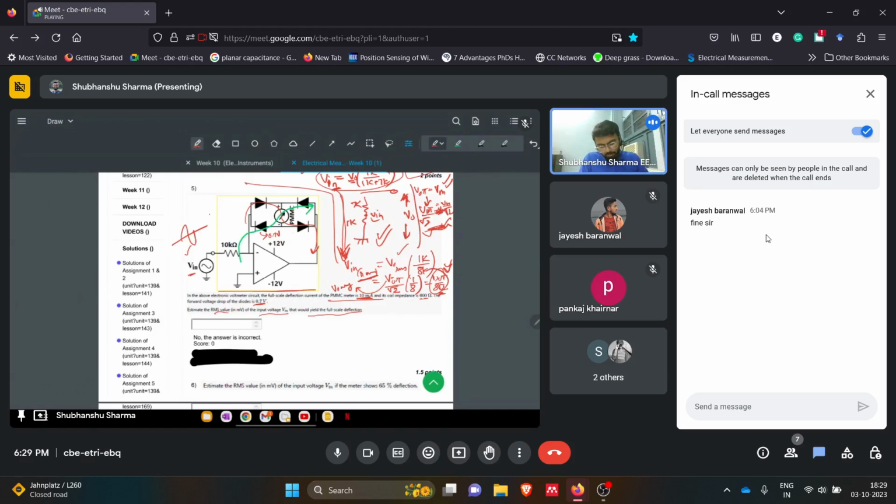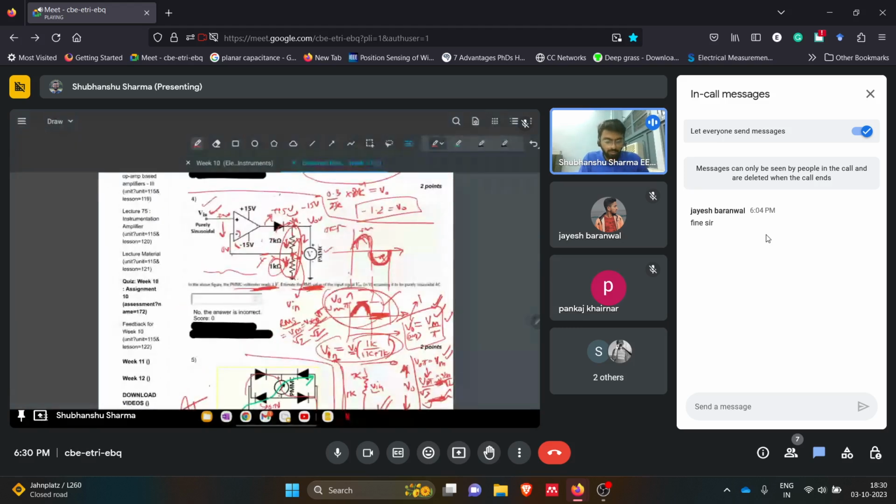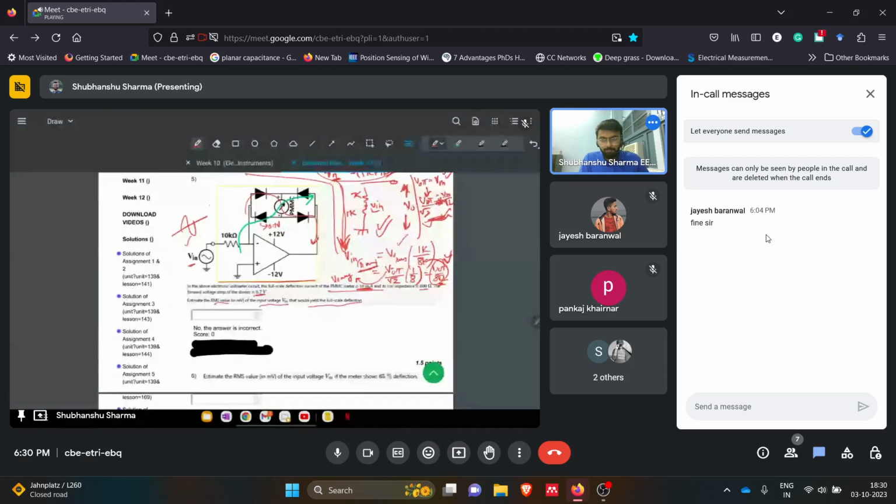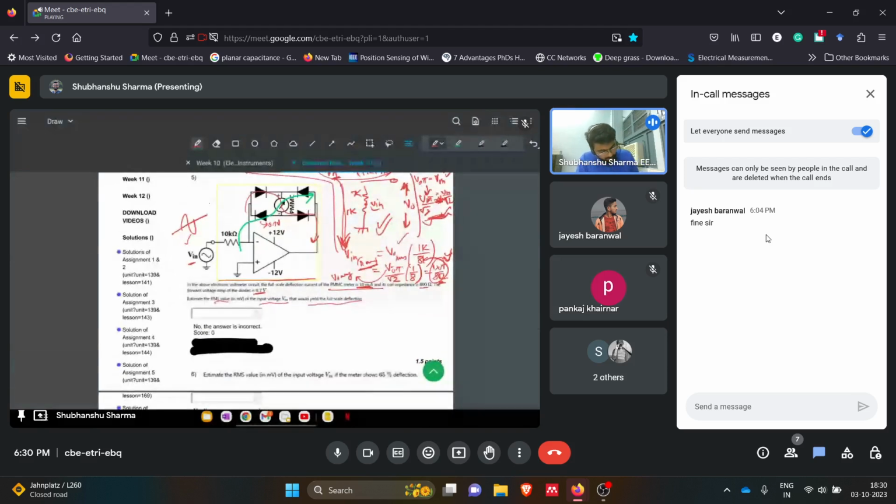But we will get the output. Earlier we saw a half wave precision rectifier. So this is a full wave precision rectifier. The input is like this, and the output we will get is like this. Now they are asking us to calculate that RMS value.